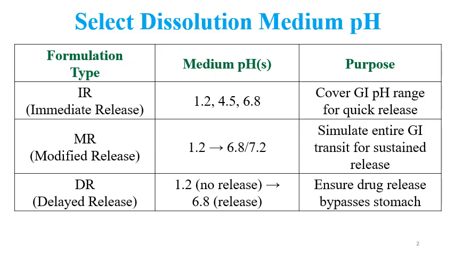And for delayed release type or gastro-resistant formulations, which may be tablets or pellets, also called delayed release or enteric release, this ensures the drug does not release in the stomach. So first 1.2 pH is used, followed by dissolution in pH 6.8 or 7.5 depending on the formulation. So we should understand the pH effect on the drug release.